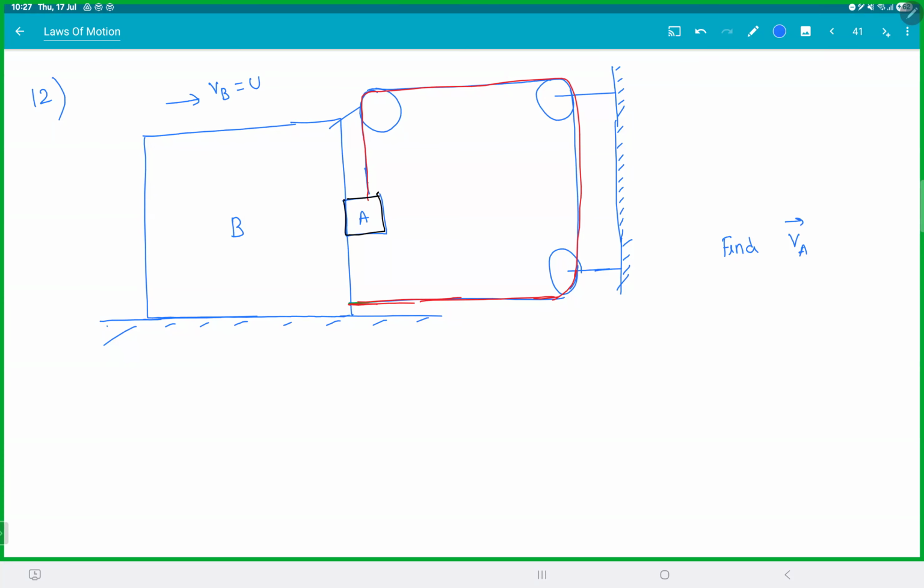So here, if I use only method 2, you'll only get a part of an answer. So here, there is a normal reaction between them.